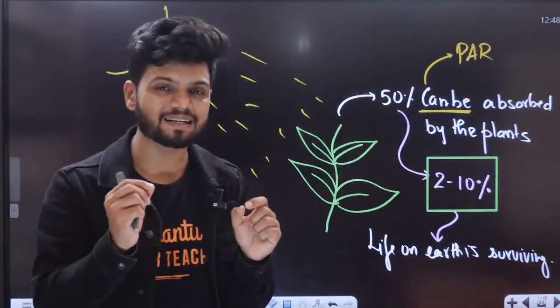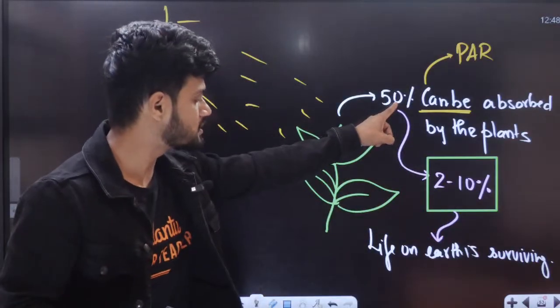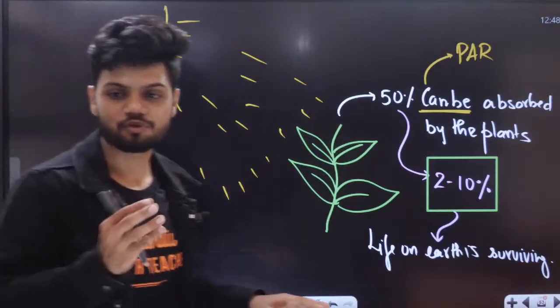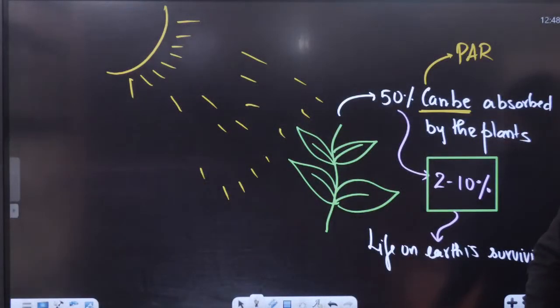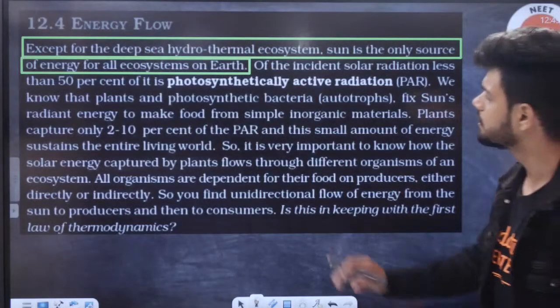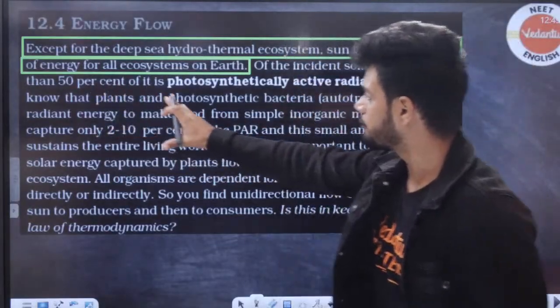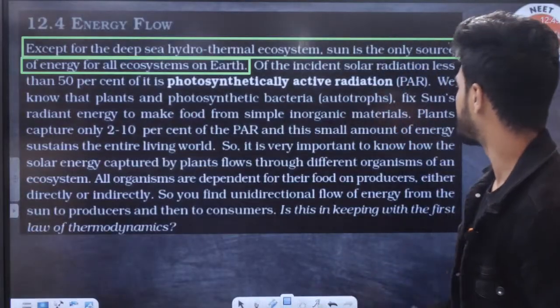All of you are understanding the gravity of this concept here. 2 to 10% out of this 50% of PAR, out of the total sunlight, plants are absorbing. See here, of the incident solar radiation, less than 50% is photosynthetically active radiation, PAR.